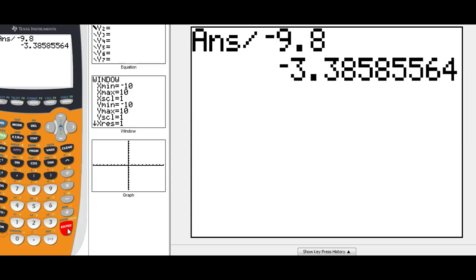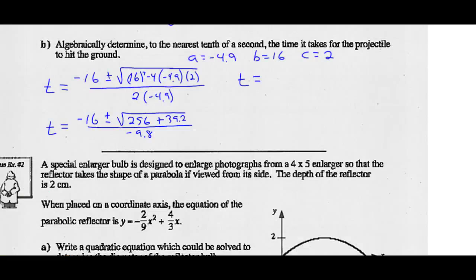And we get about negative 3.4. So one answer, t is negative 3.4.